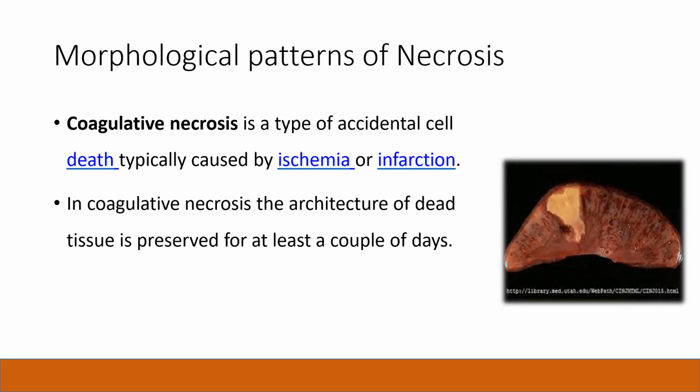Coagulative necrosis is a type of accidental cell death, typically caused by ischemia or infarction. In coagulative necrosis, the architecture of dead tissue is preserved for a couple of days. You can see this image. This white color is the calcified cyst or dead cell.